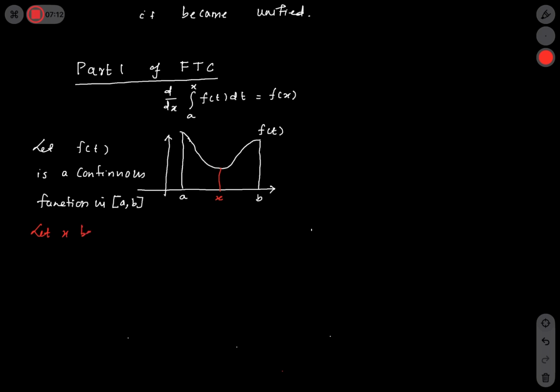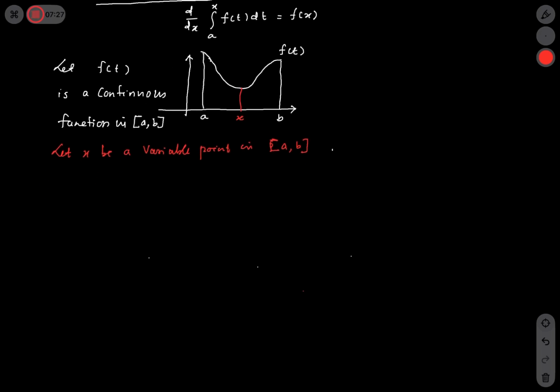Let x be a variable point in the closed interval [a, b]. Now see, let's say the integral from a to x of f(t) dt is equal to F(x).